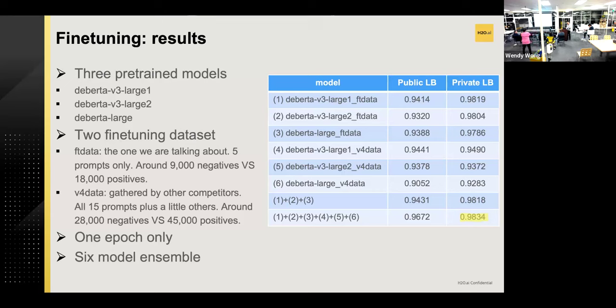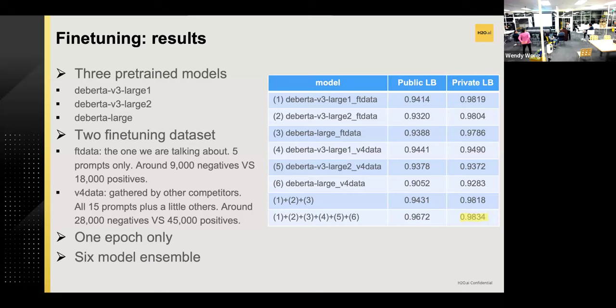So why do you think the results are better on the private leaderboard than the public leaderboard in this case? Yeah, good observation. I don't know, to be honest. I'm totally blind on this. Was there a difference in the data that you can tell, or is it hard to know?